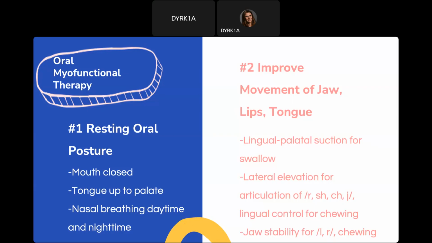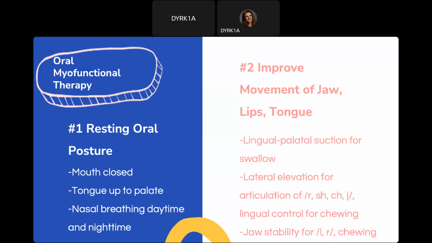And then we also need lateral elevation of the tongue for a lot of different sounds, for R, SH, CH, J. And then we also need jaw stability for the L and the R. Lingual control. These are all the different skills that the orofacial system helps us with. So we have all this structure, our mouth, our nose, our teeth, our tongue, our breathing system, and we do breathing and eating and then speech.